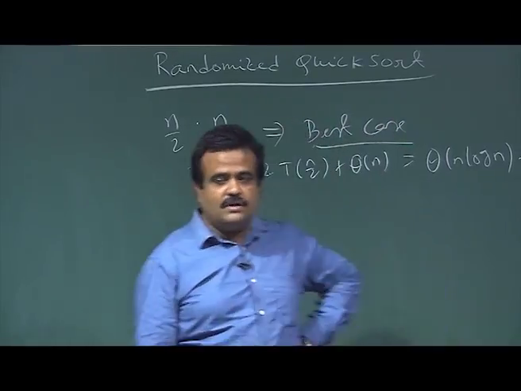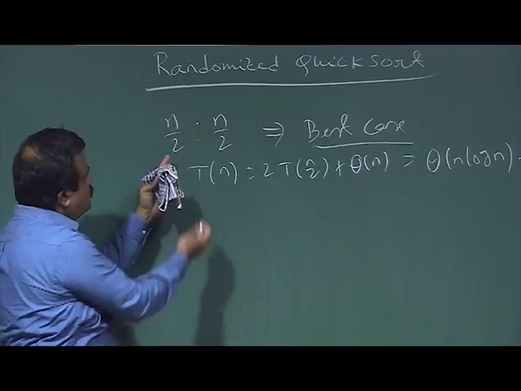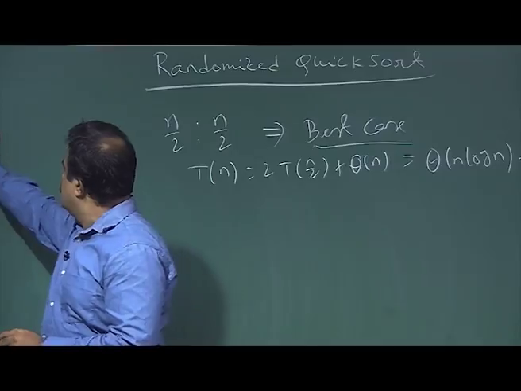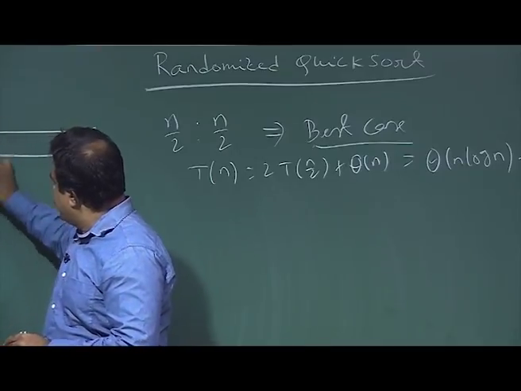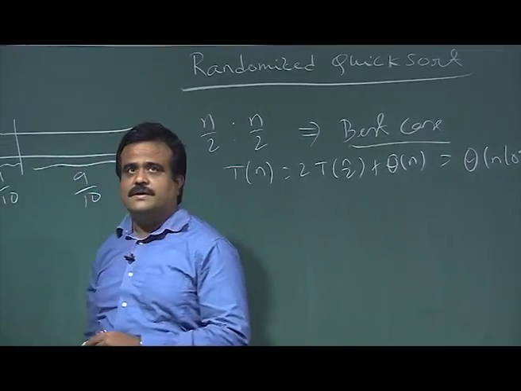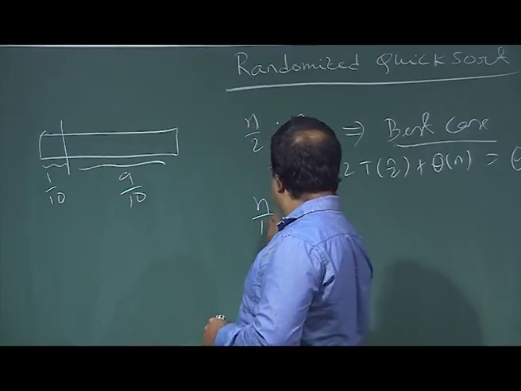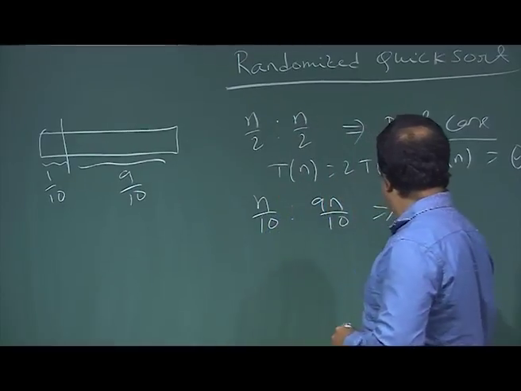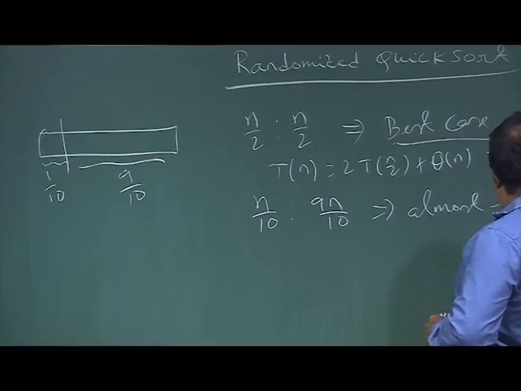And even if this is not n by 2 and n by 2, if we can ensure the partition will put a little fraction over here, say 1 by 10 and 9 by 10, that means the partition is n by 10 and 9n by 10, then this is referred to as the almost best case.